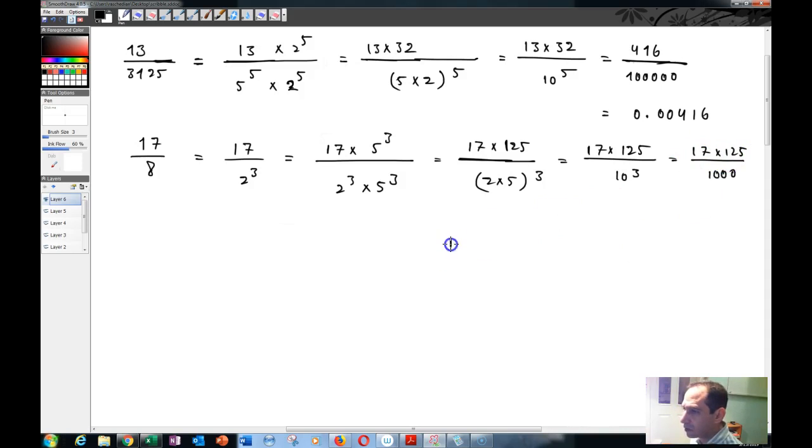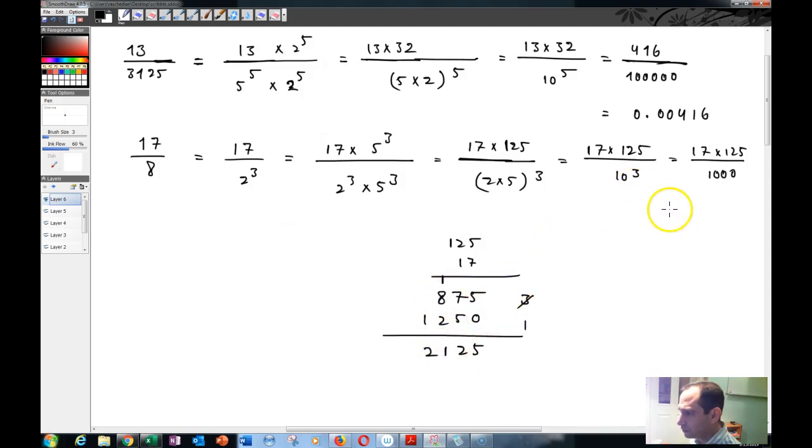Now what is 125 times 17? It works out to 2125 over 1,000, which is equal to 2.125.